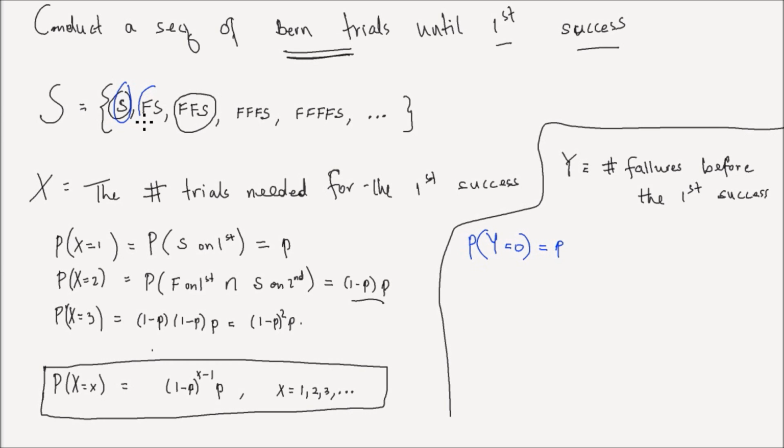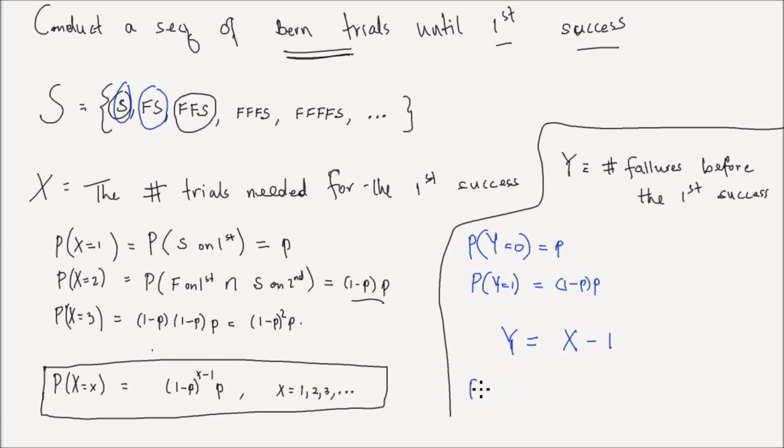If you look at the second element in the sample space, failure followed by success, the number of failures before the first success is equal to 1. And that corresponds to Y equals 1. And that happens with the probability of the event FS happening, and that is equal to 1 minus P times P. As you can see, Y is always 1 less than X. That is, Y is X minus 1.